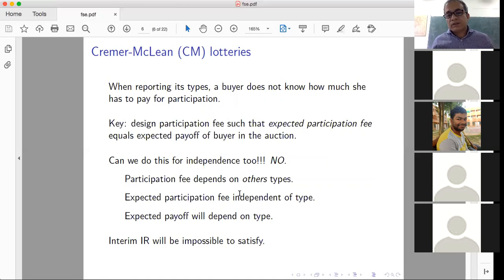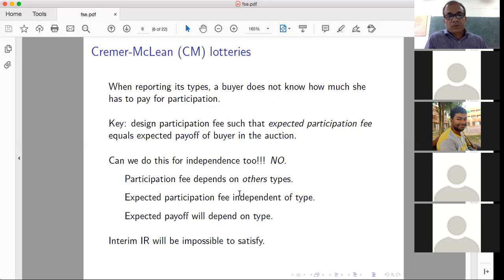It's a direct revenue mechanism. So basically, you will have to declare before everyone reports what you will do in the mechanism. In particular, you will say that everyone pays this much in fees, and based on your report, I will decide who gets the object and how much they will have to pay.